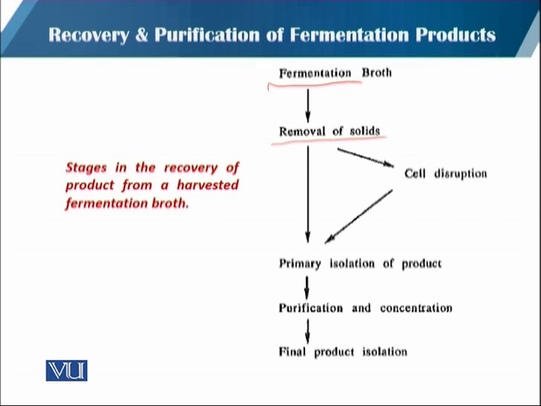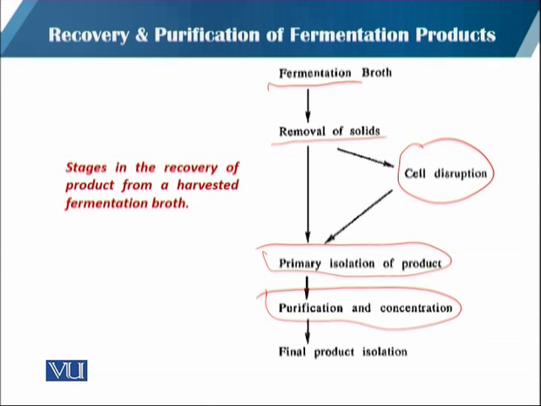If the product is intracellular, then cell disruption has to be done. Otherwise, if the product is extracellular, then there is a primary isolation, and then purification and concentration, which we call the secondary and tertiary process, and then the final product isolation, and then packaging, and then controlling the shelf life.